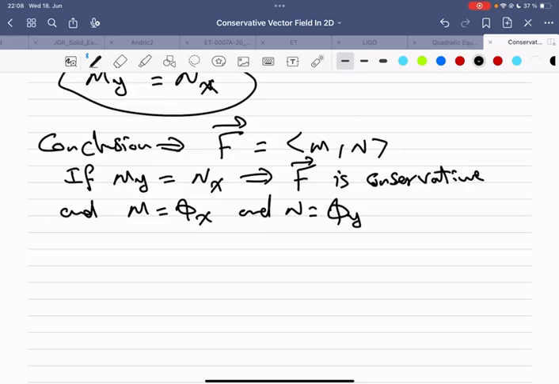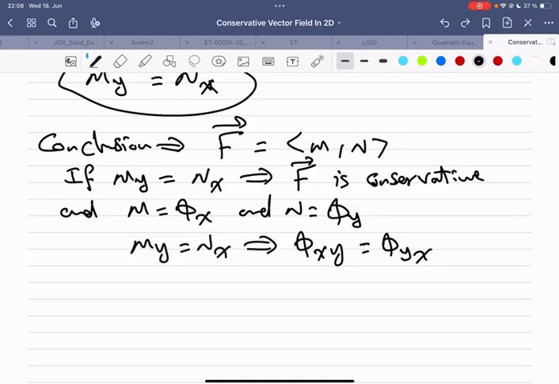So M y equals N x is the same as phi xy equals phi yx. This is the conclusion. And after this, I will show you how to find the phi.